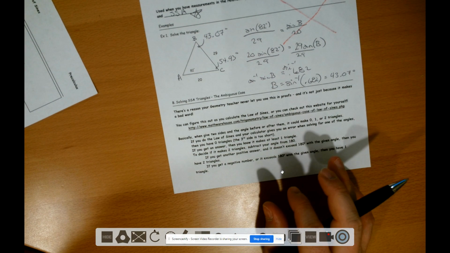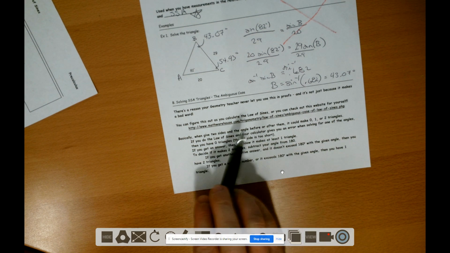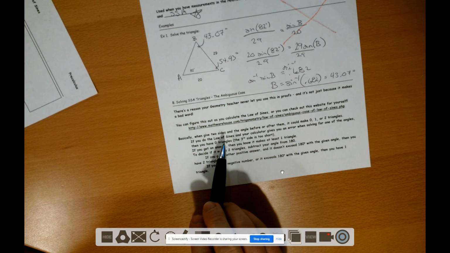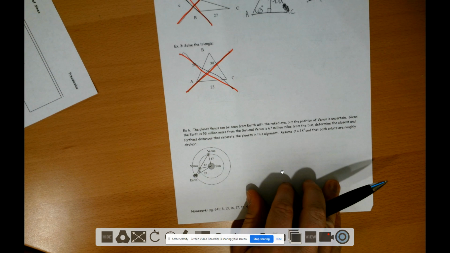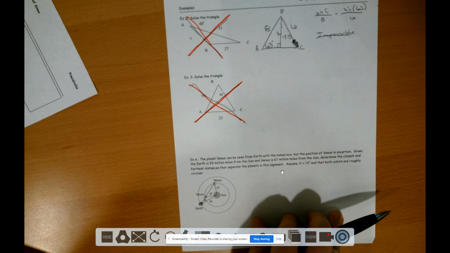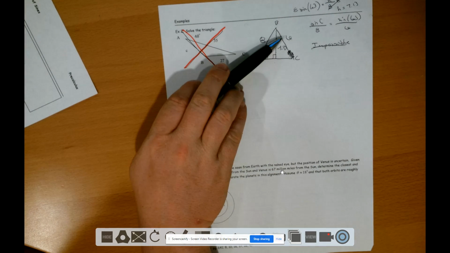So that was telling you when a triangle is impossible, and now it's going to tell you also when it's possible, because it is possible if this 6 is a little bit bigger.